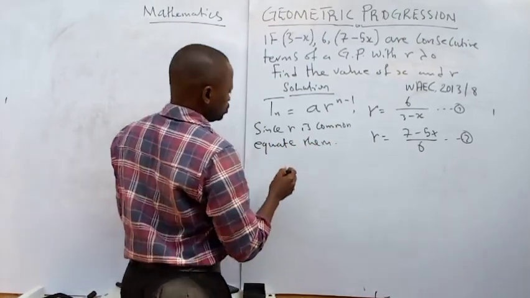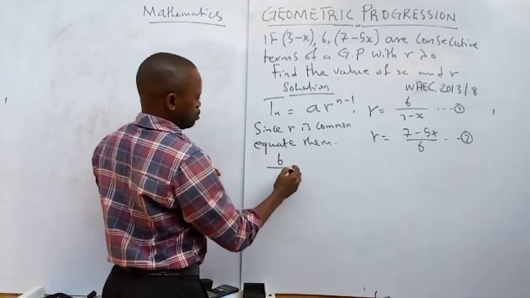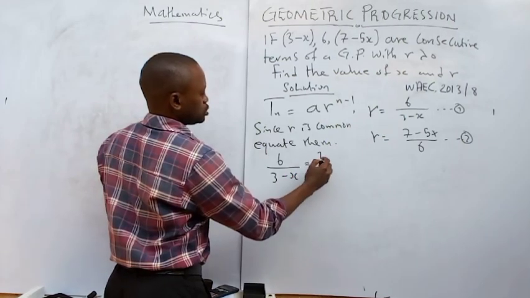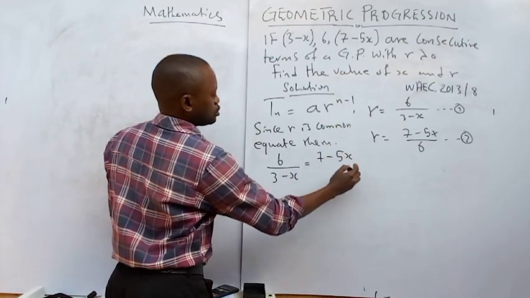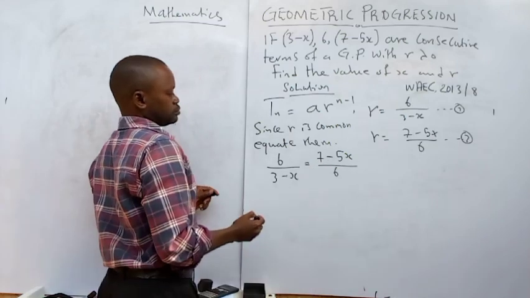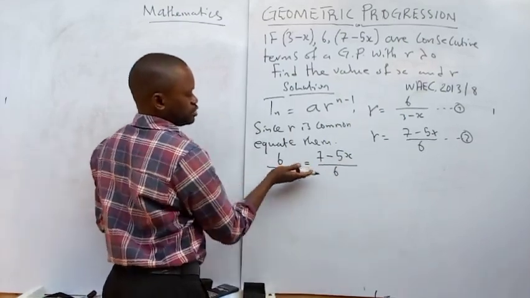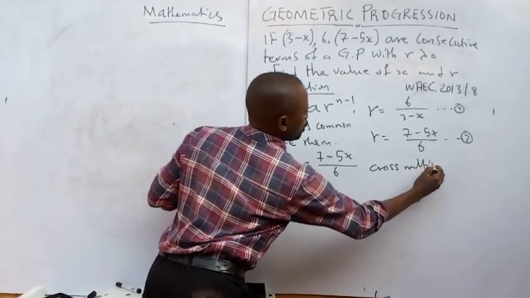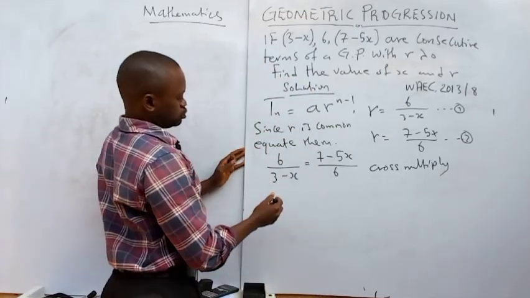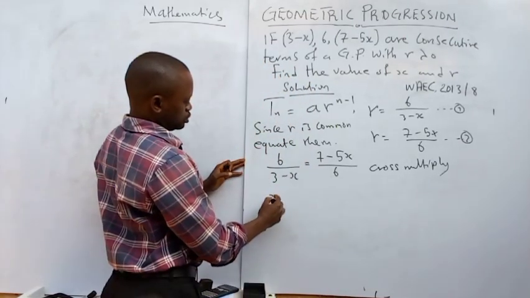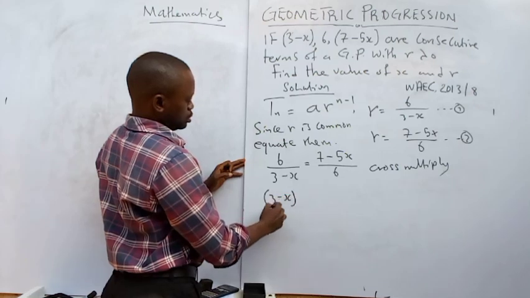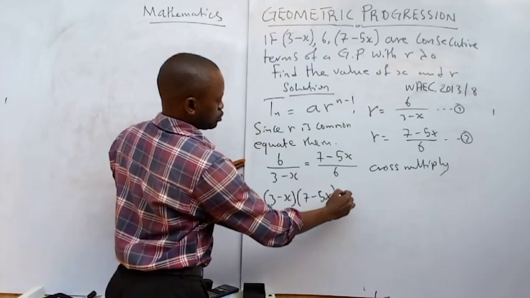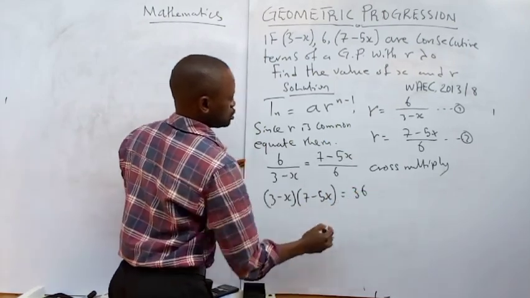So I will have 6 over 3 minus x equals 7 minus 5x all over 6. To simplify this, I will now cross multiply. I'm going to have (3 minus x) multiplying (7 minus 5x) equals 6 times 6, which is 36.